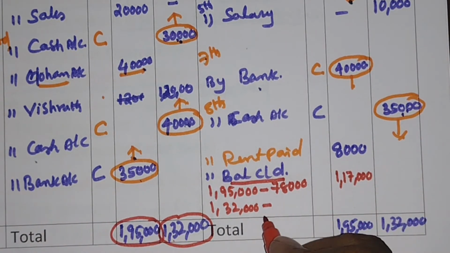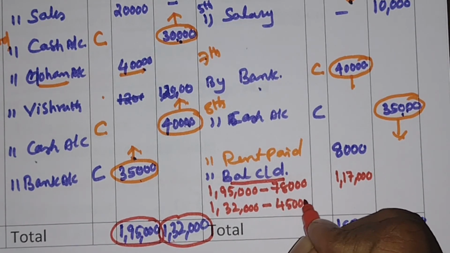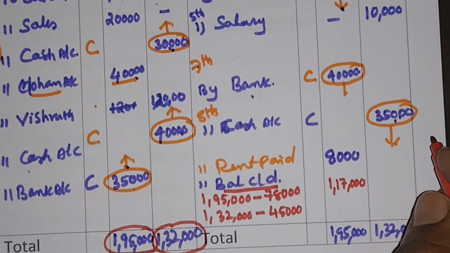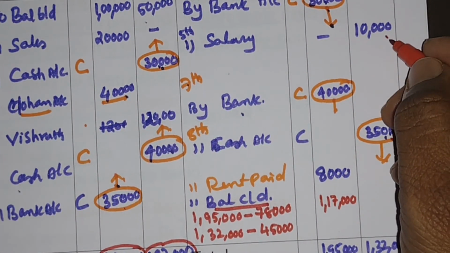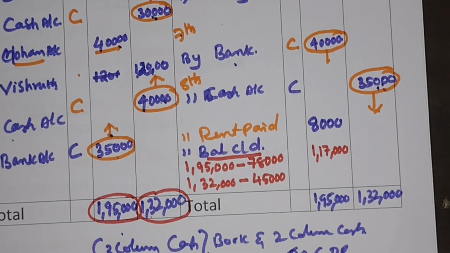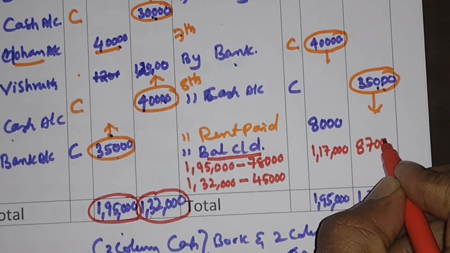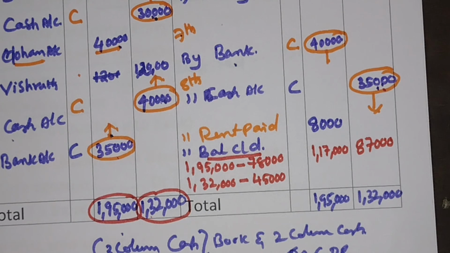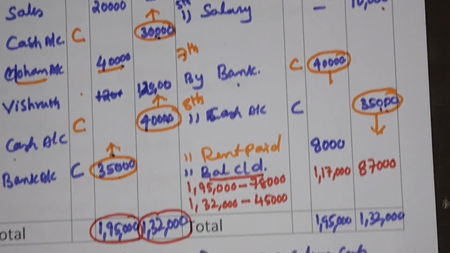And 1,32,000 minus 45,000. Why 45,000? 35,000 plus 10,000 in the bank column, 45,000. When we subtract this, it will end with 87,000. I hope the main aim of explaining this problem is to know about the contra entry.